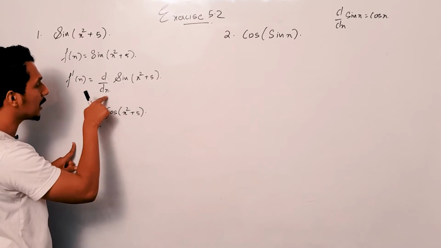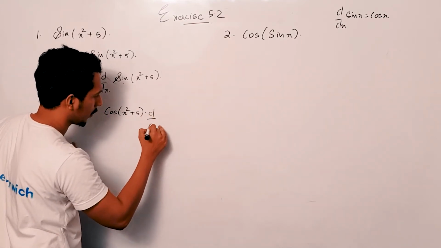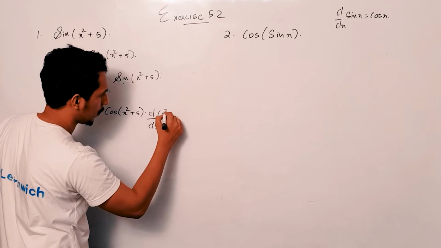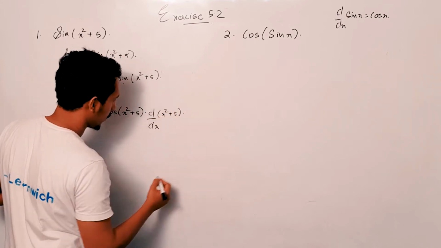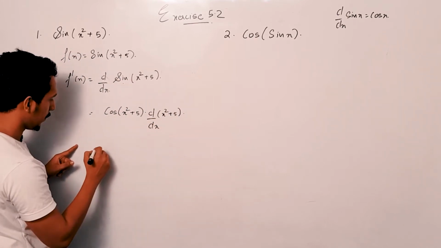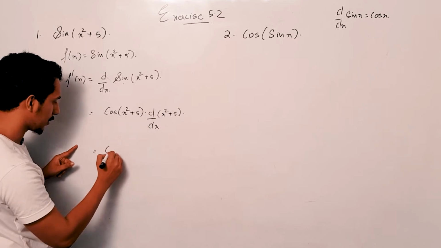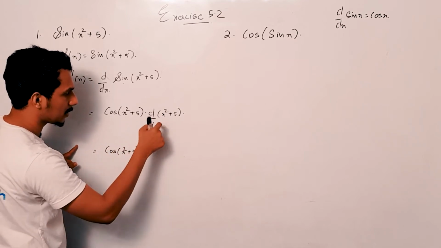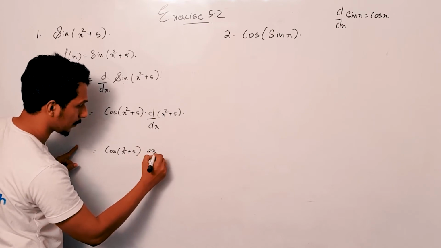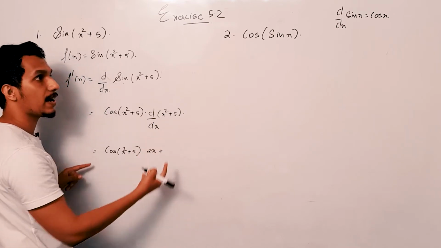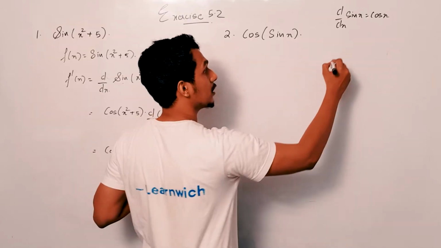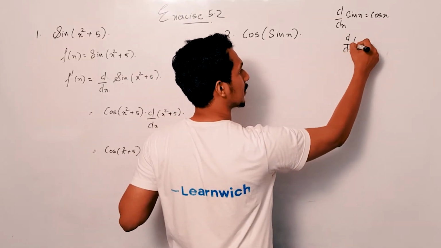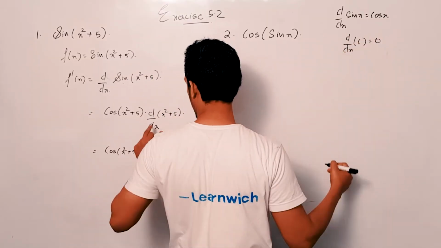The next will be d by dx of x square plus 5. Okay, so this is cos of x square plus 5, just like that. Now d by dx of x square is 2x plus d by dx of 5, d by dx of a constant is 0. d by dx of x square is 2x.